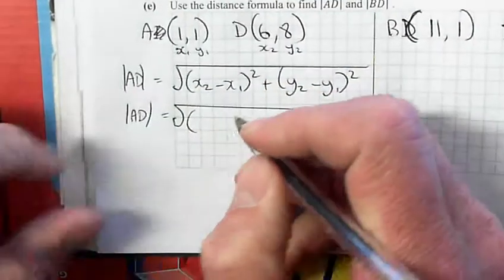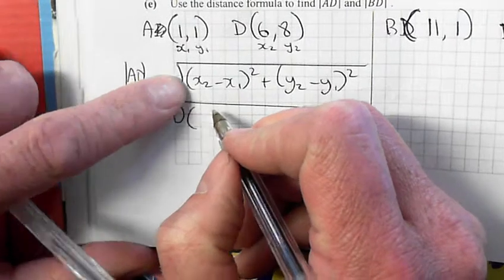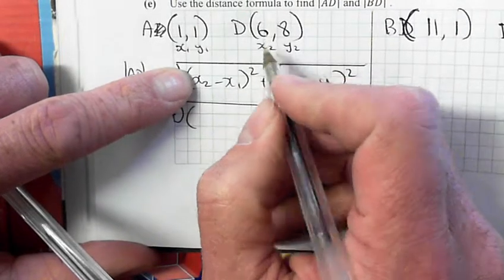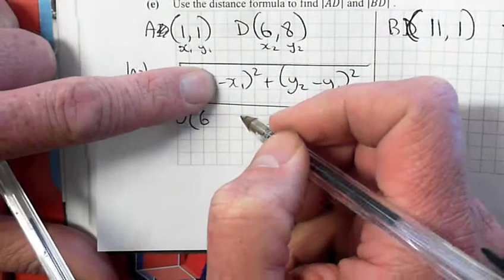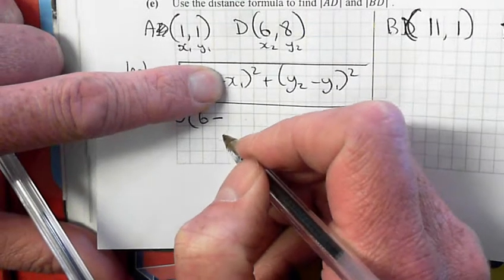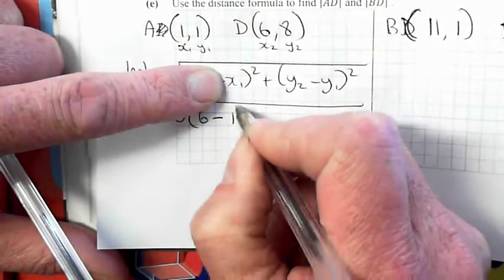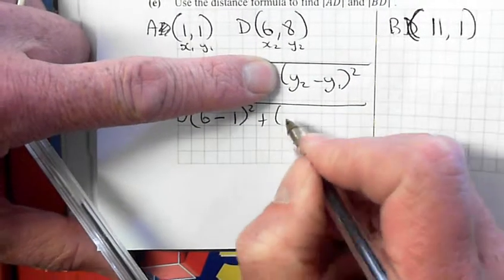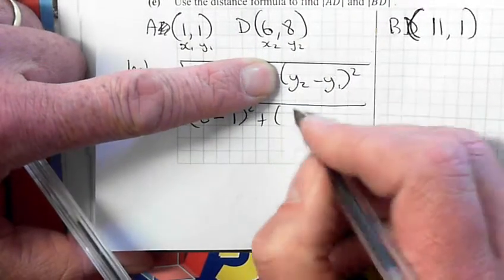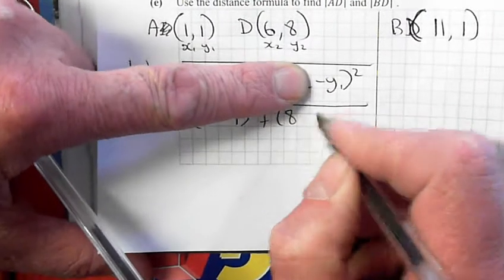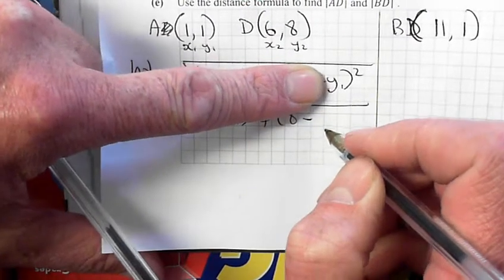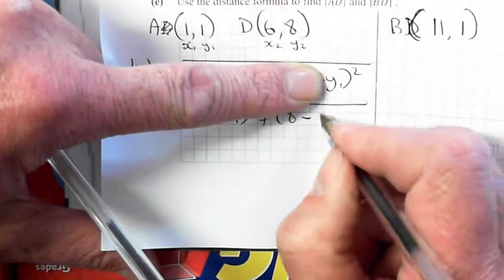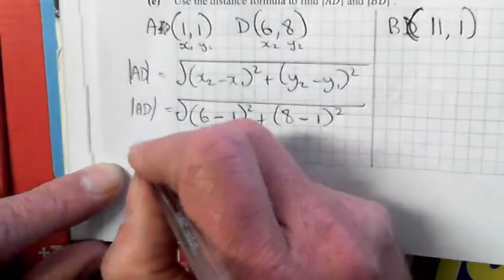Alright, so x2, first of all, from above is 6. Follow the formula, minus x1 is 1, plus y2 from above is 8, minus y1 above is 1 squared.